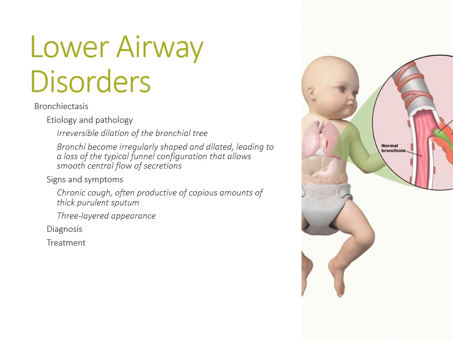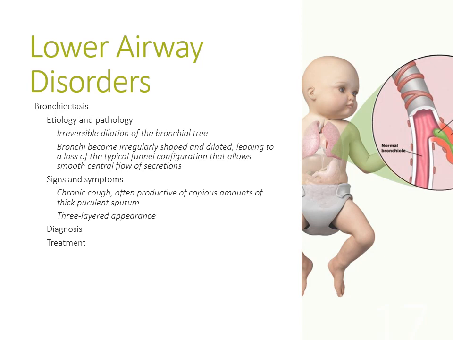The lower lobes, particularly the left lower lobe, are most often involved. A small number of patients may have congenital bronchiectasis, in which there's a defect in development of the bronchial cartilage. However, most patients acquire the disease secondary to something else that causes chronic infection.